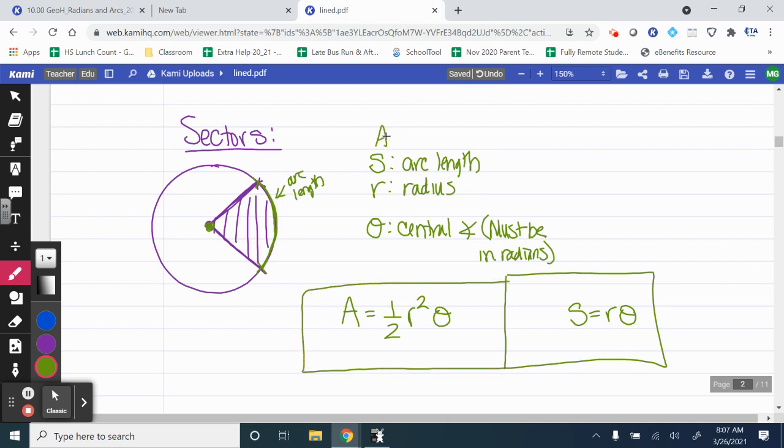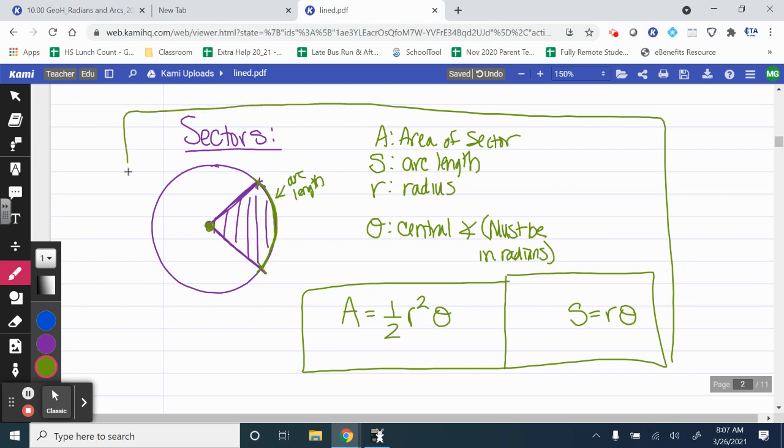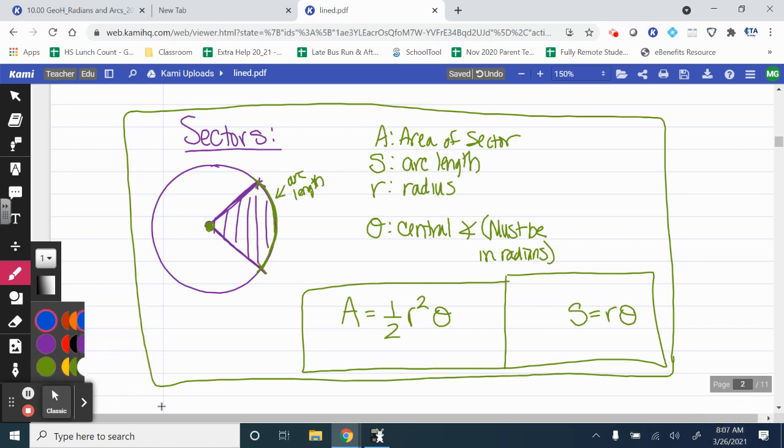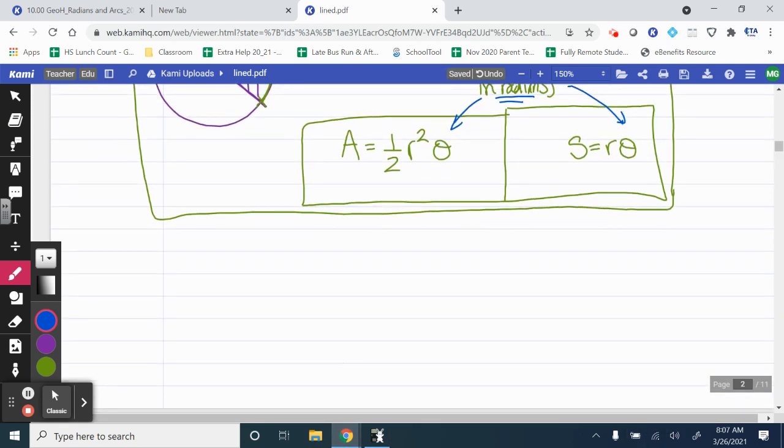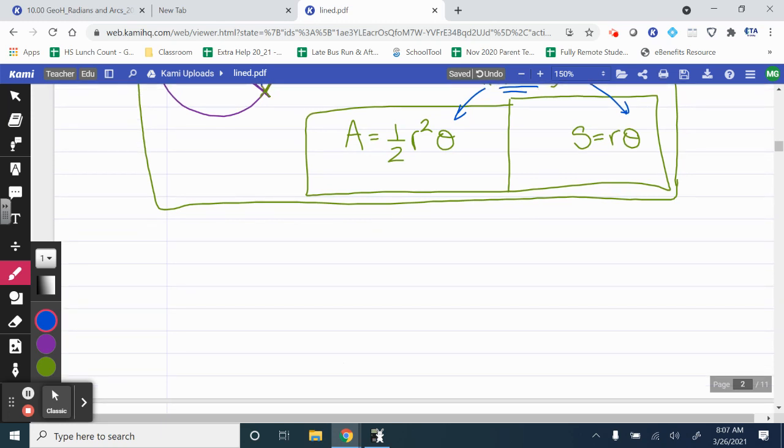A is the area of your sector. All right, so those are our two formulas. The big thing to remember again is that theta must be in radians. That's in both of them. So if it's not given in radians, we need to convert it.